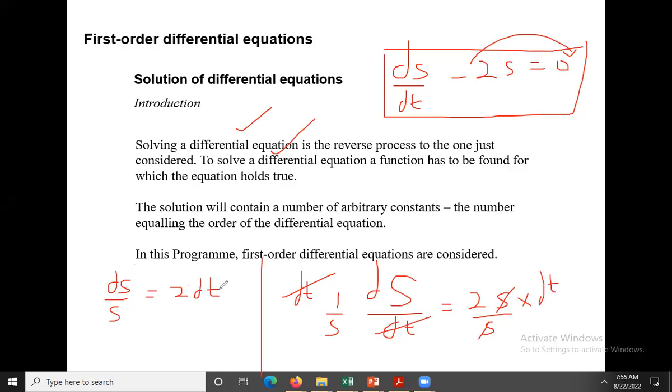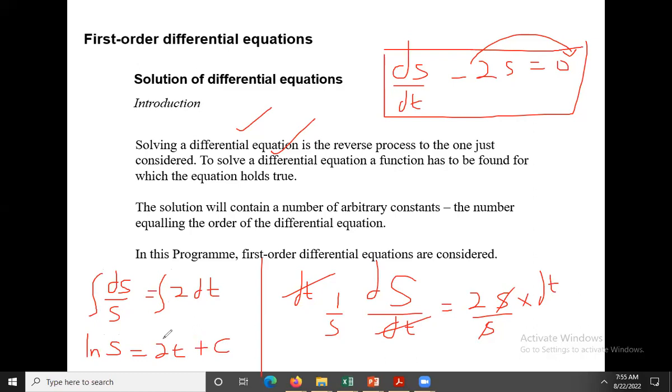Good. And to solve for such a process, we can use what we call the direct way, and that is easily obtained by finding the integration of both sides. When we integrate both sides, that should help us to get the function, which is going to be ln of s equals 2t plus some unknown constant.